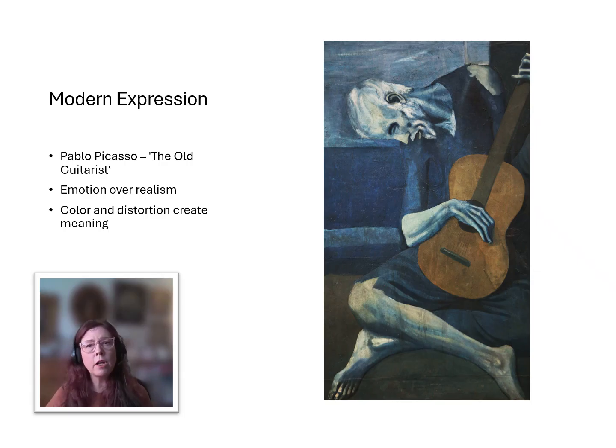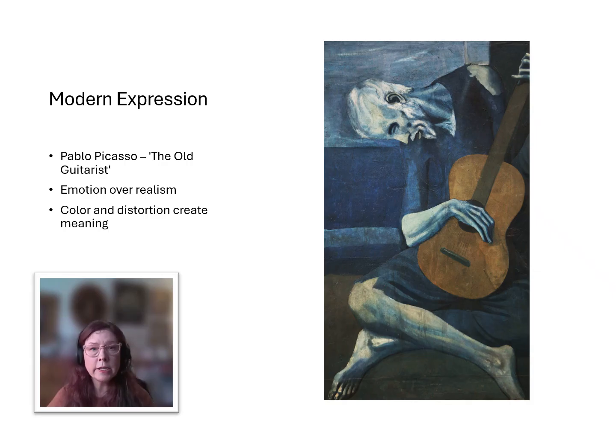This painting is called The Old Guitarist, created during what's known as Picasso's Blue Period in the early 1900s. And even if you didn't know that, you can see it and you can also feel it. Everything is washed in blue. The figure is thin, elongated, almost fragile, and the body feels very distorted, almost uncomfortable to look at.